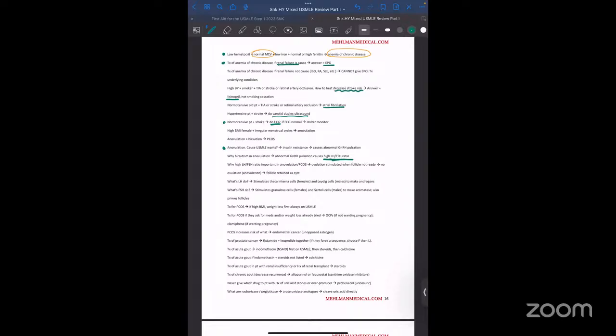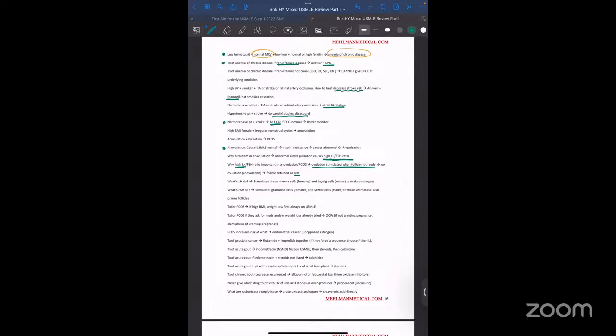Ovulation is stimulated when the follicle is not ready, so no ovulation, leading to the follicle retained as a cyst. So that unprepared follicle now becomes a cyst. So polycystic ovaries.